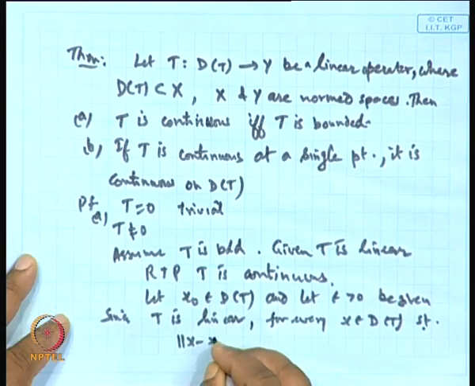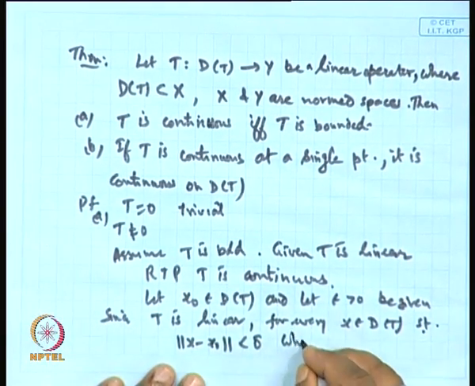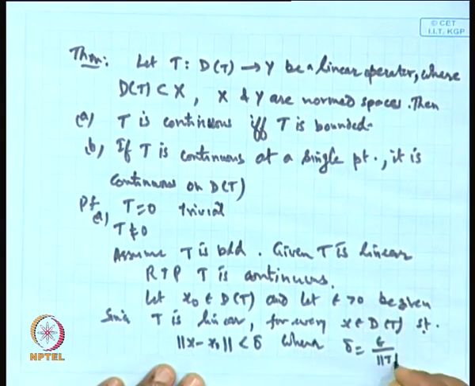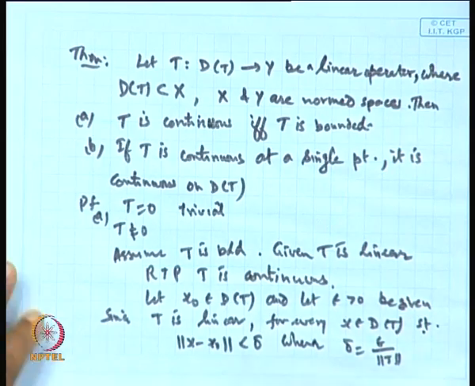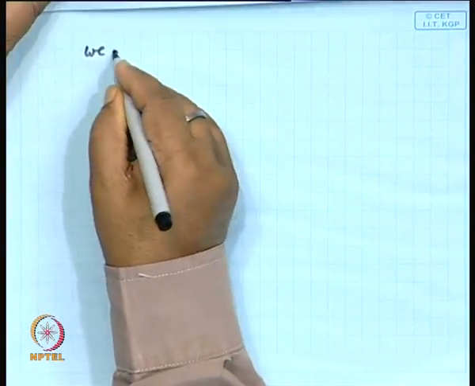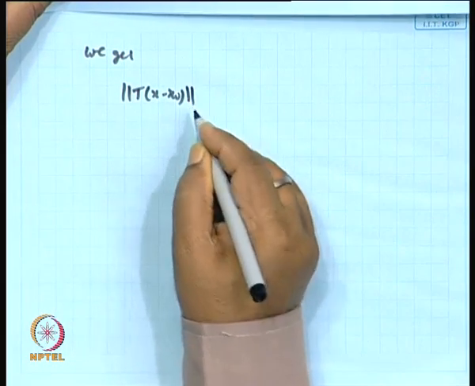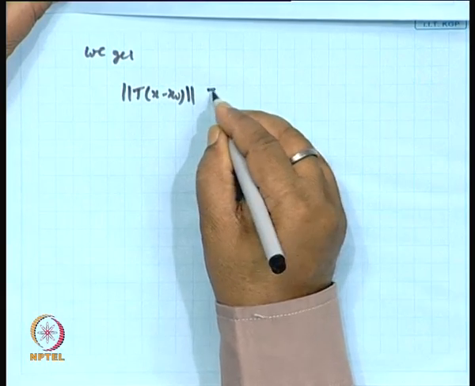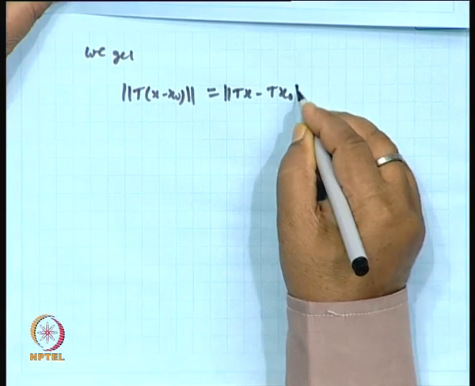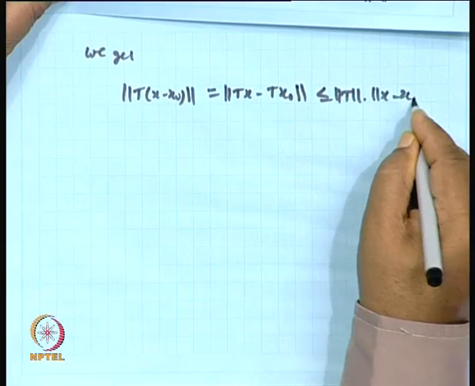such that norm of x minus x naught is less than delta, where I am choosing delta to be epsilon over norm T, we get norm of T(x minus x naught), which is equal to norm of T x minus T x naught, which is less than or equal to norm of T into norm of x minus x naught.